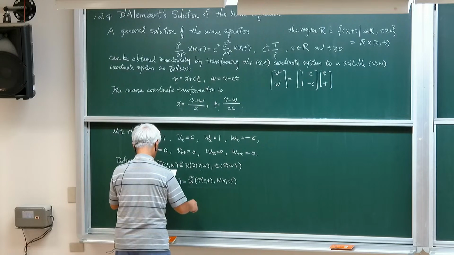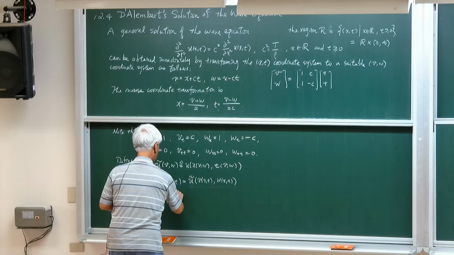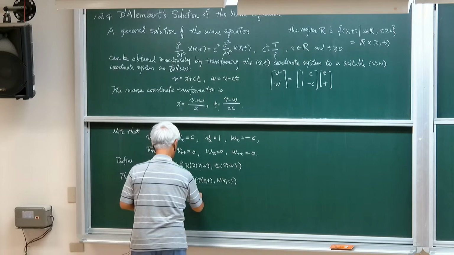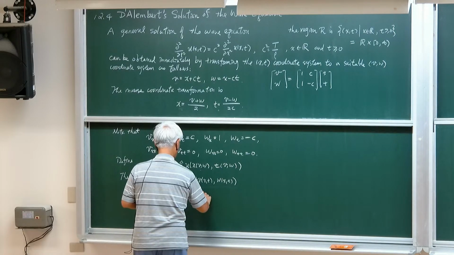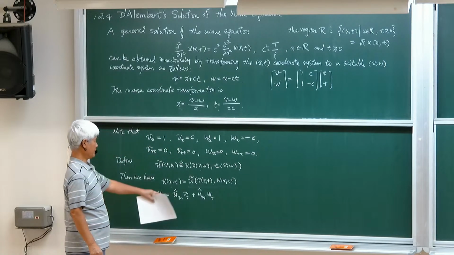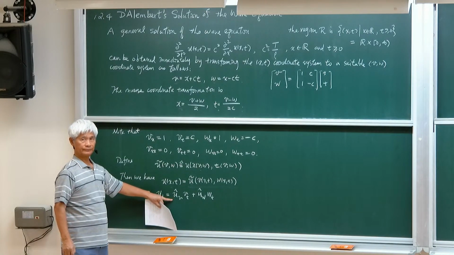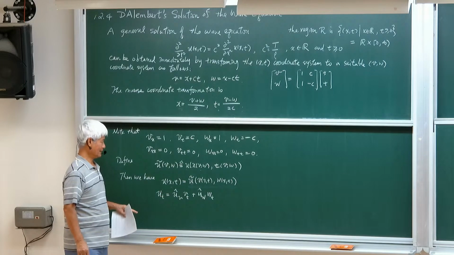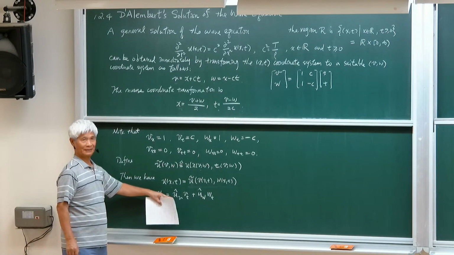First of all, this is u tilde sub V times Vt plus u tilde sub W times Wt. Okay, this is by the chain rule. Any questions? If you have any questions, just let me know.